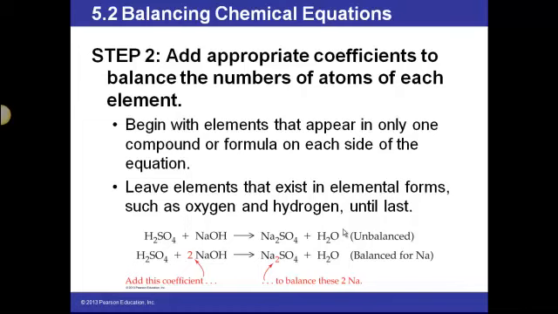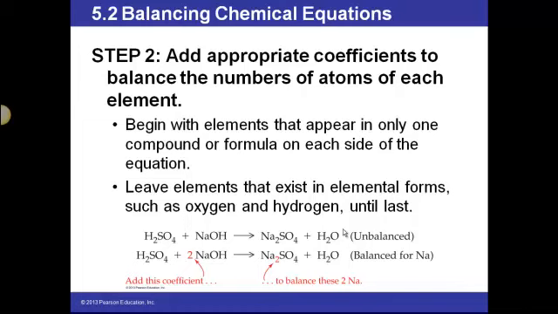If we look at the number of oxygens coming from the OH anion here, we've got 2 oxygens here, but we only have 1 here. We don't count the 4 that are in the sulfate because they're already accounted for by that sulfate anion. Those 2 balance, so we don't need to worry about them again.